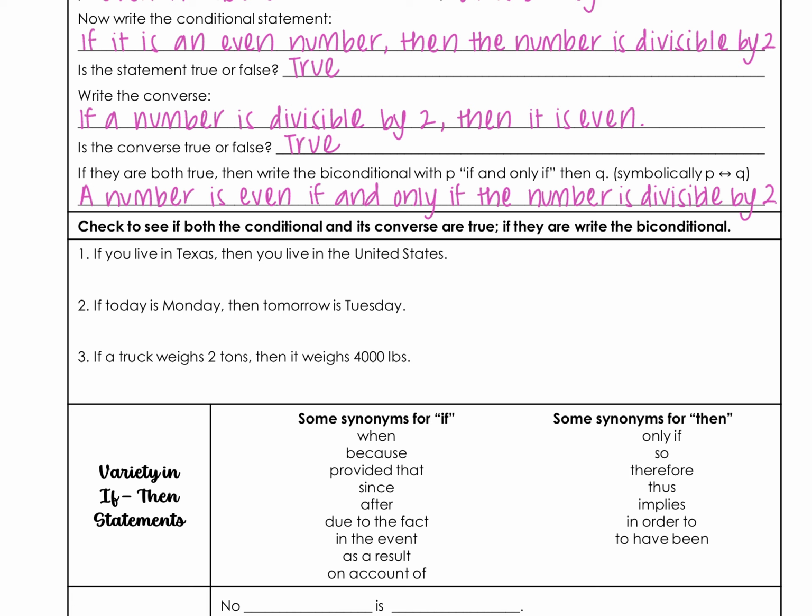Because you live in the United States, you don't always live in Texas, so it is not a true statement. We're going to say that we have no biconditional, because the converse is false.